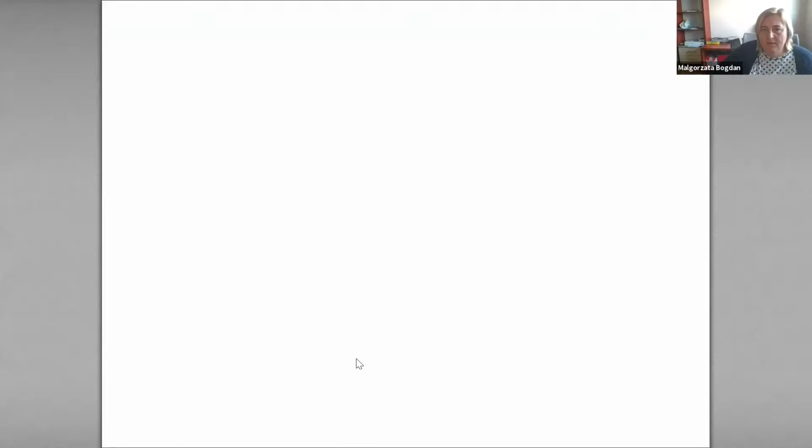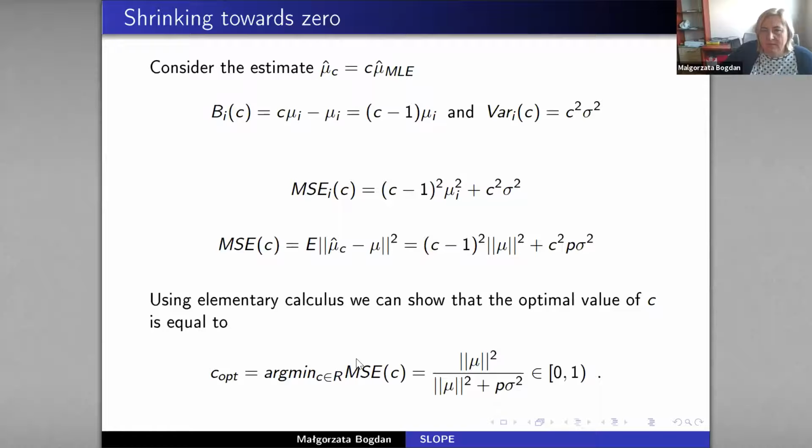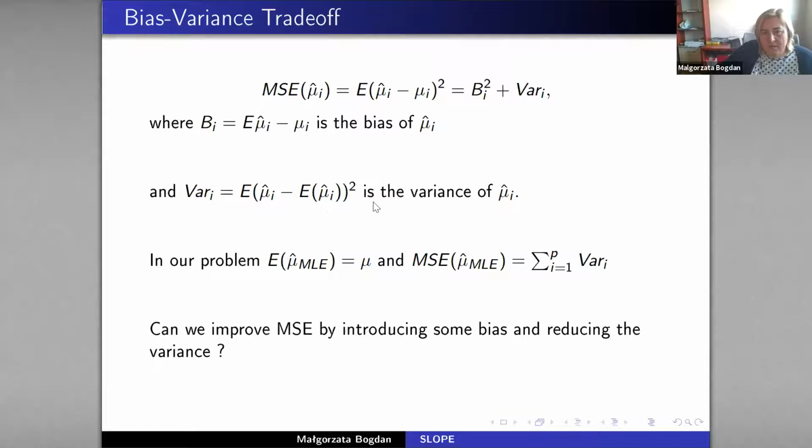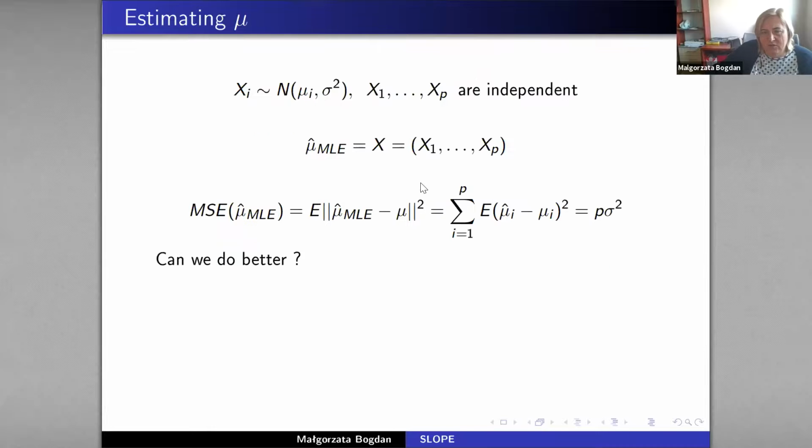Well, you see it here, okay? So this derivation tells you more or less everything. When you use the maximum likelihood estimator, your variance is equal to sigma squared, because your xi has a normal distribution with mean mu i and variance sigma squared.